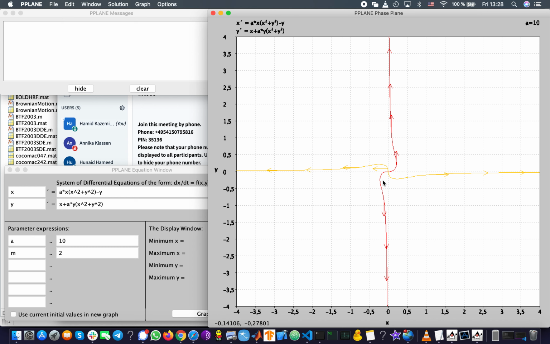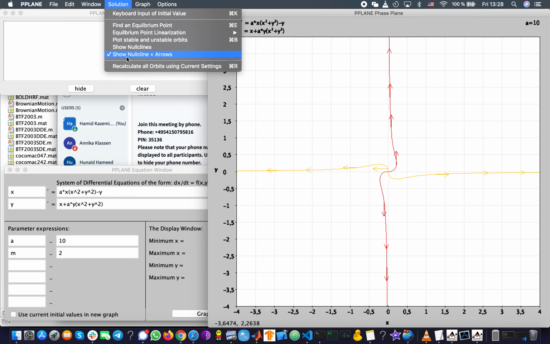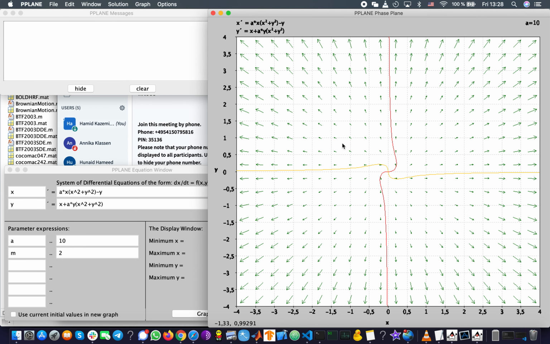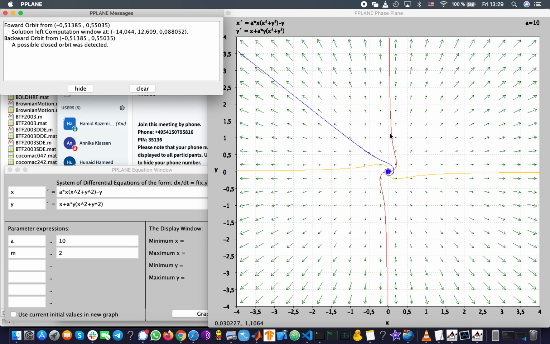So these are my null lines again, and for this equation you see that the null lines are like this, and it is going away from it. Why? Because my a is positive. My a is 10 here and it is positive, and therefore it is going away from it. And if I again change it to show null lines and see the vectors here, you will see it's very big.